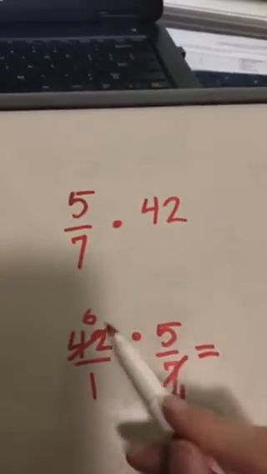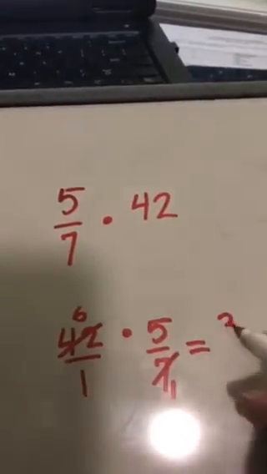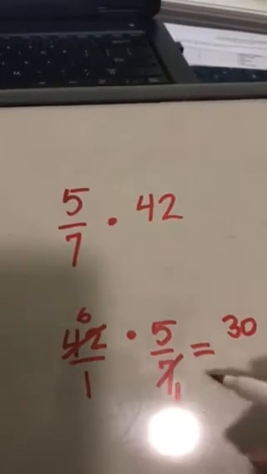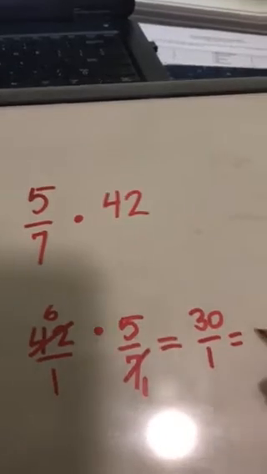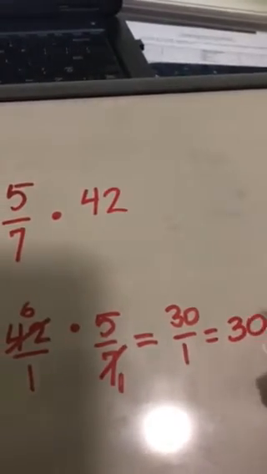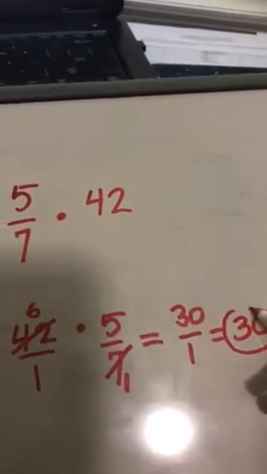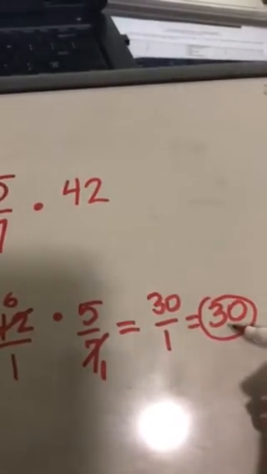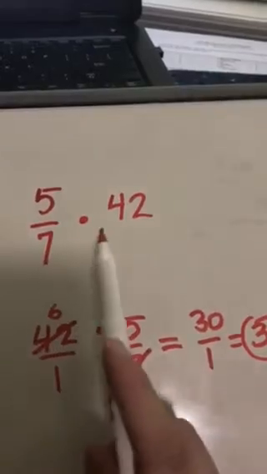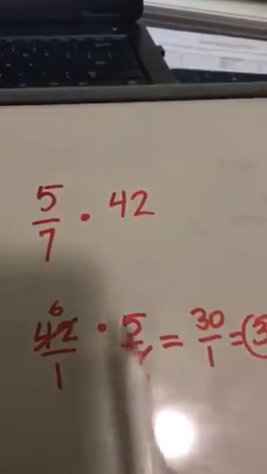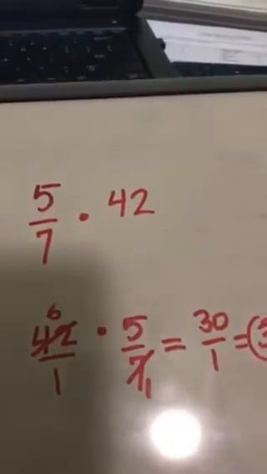And then I'm left with 6 times 5, which is 30, and 1 times 1, which is 1. 30 divided by 1 is 30. So the answer would be Alejandro has gone to school for 30 days, and the expression would either be 5/7 times 42 or 42 times 5/7. Let's look at another problem.